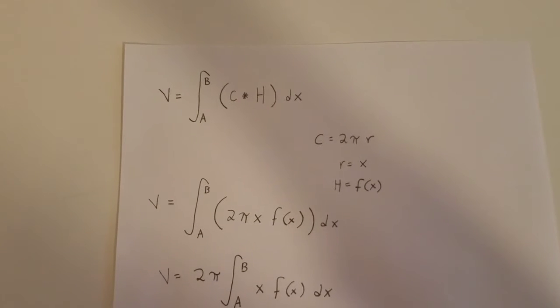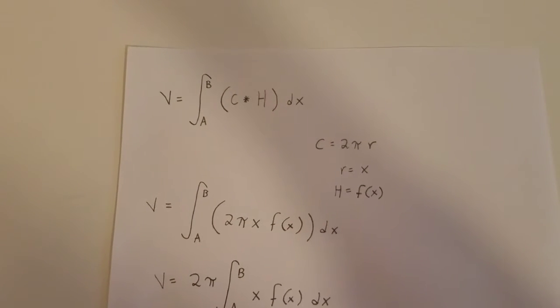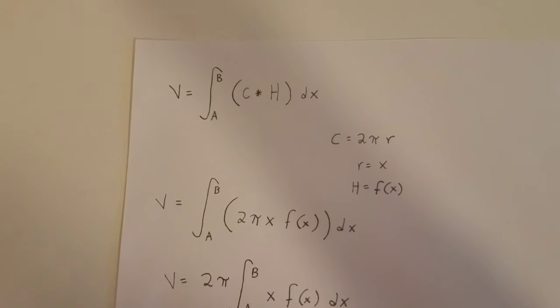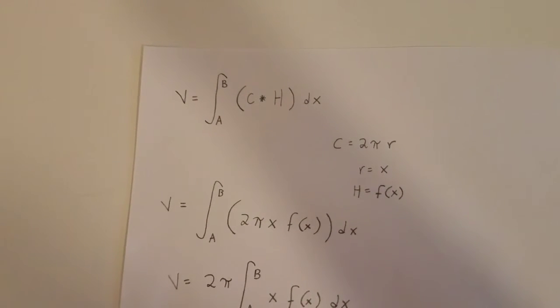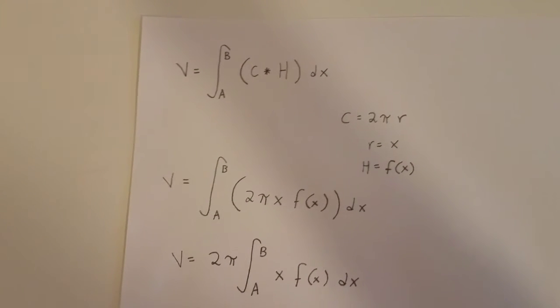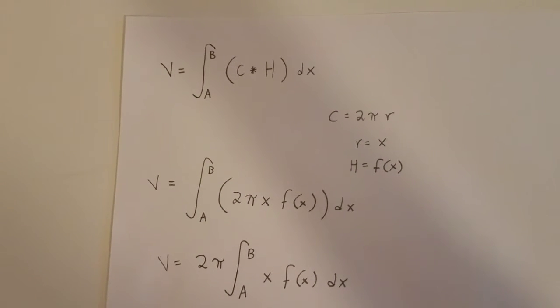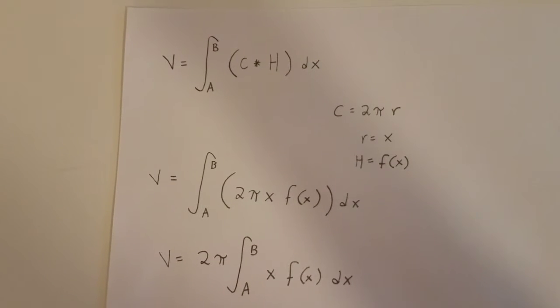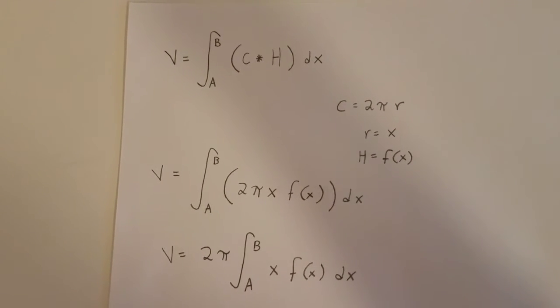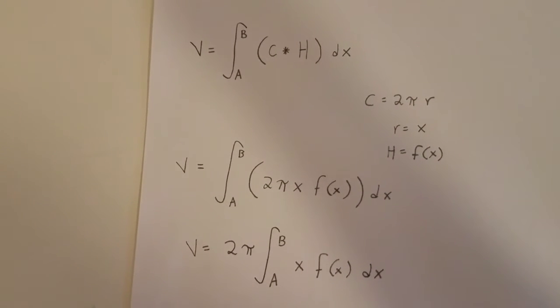Mathematically, the way we represent this is that the volume is the integral, the summation, of the circumference, which is the base, times the height. We know the circumference is 2 pi r, and we know the radius at that point is just the x value, because right now we're spinning it around x equals 0, the y-axis itself.